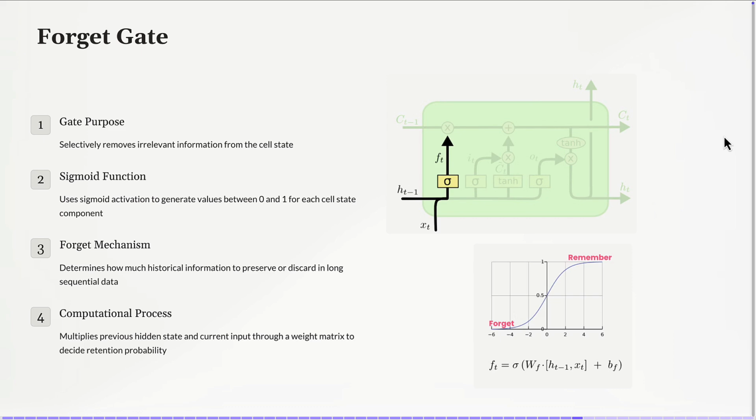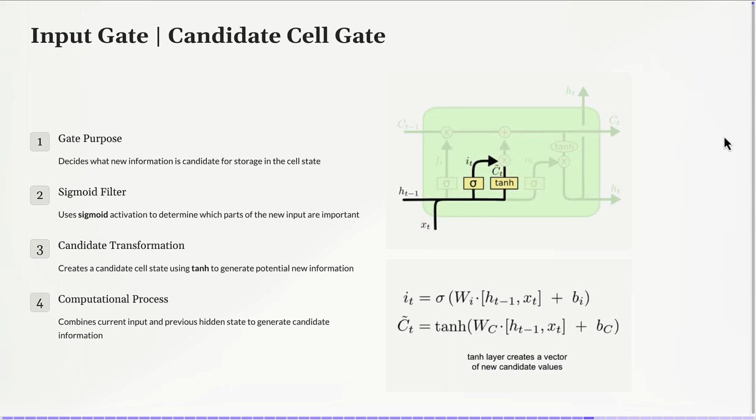Now the second one. Can you interpret this? Don't look at the equation now, just look at this one. What's it going to do? We have an input, so it's basically the same computation as this one.